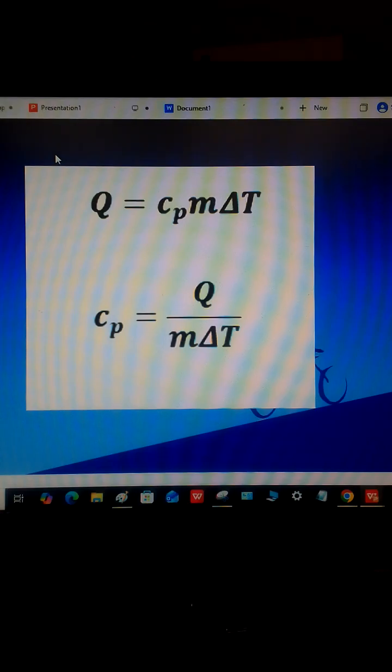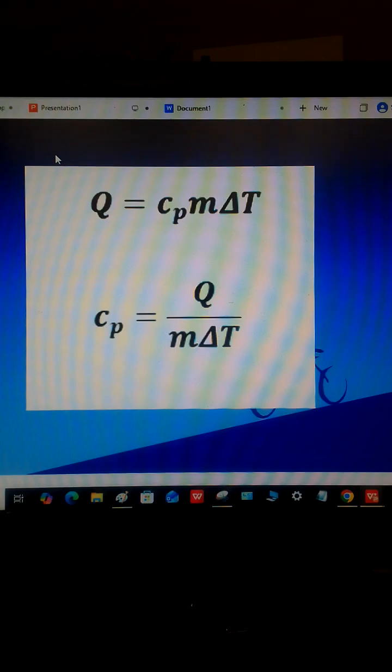But specific heat capacity of a substance is the amount of energy that must be transferred to or from 1 gram of that substance to change its temperature by 1 degree Celsius. So here we are talking about the mass of the substance.